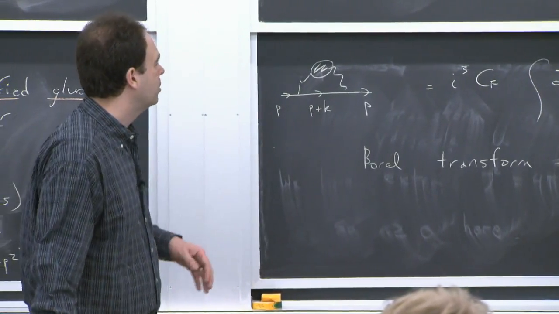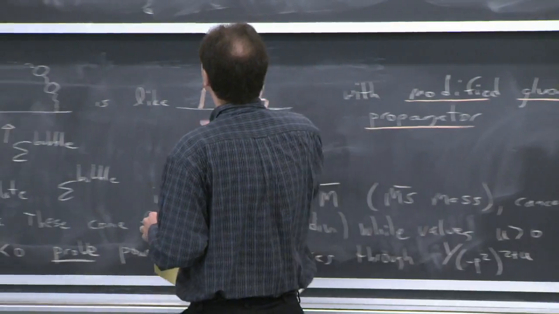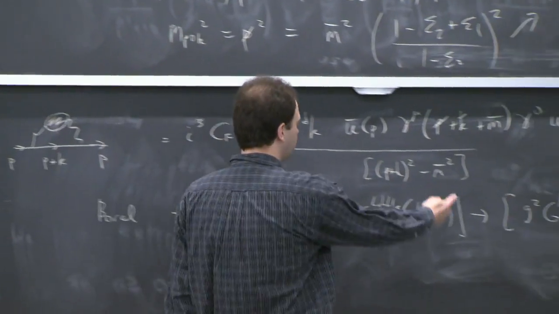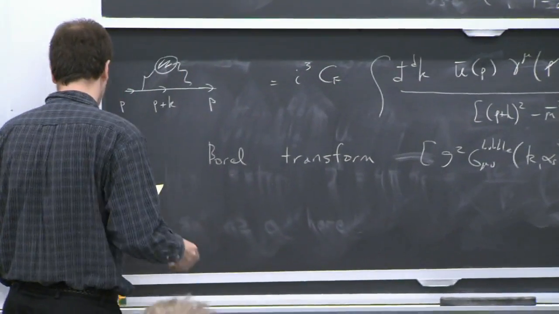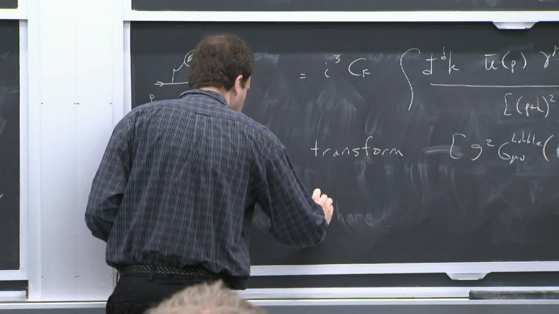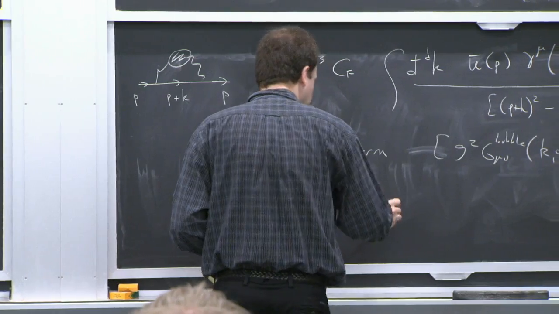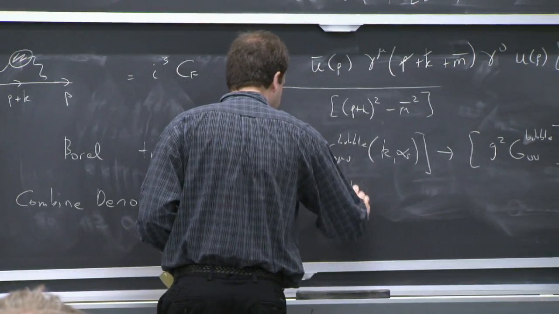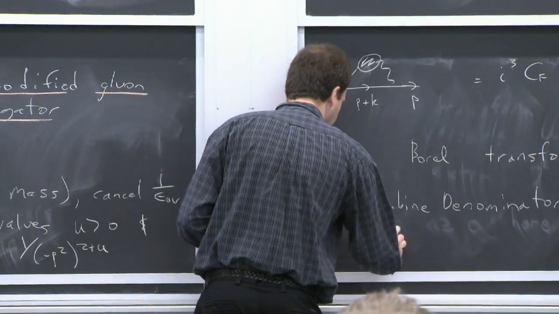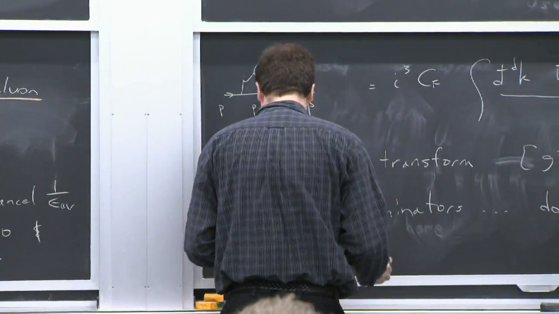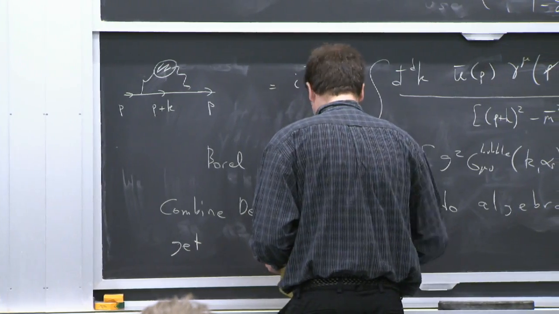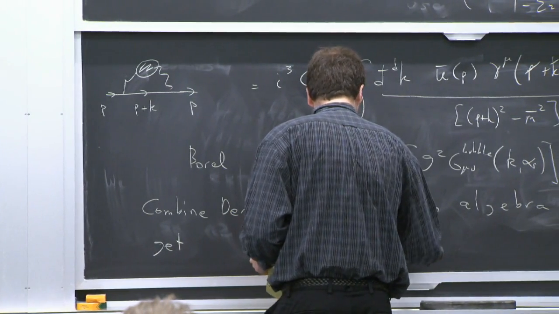Okay, so combine, stick in the expression that we had over here for this guy, and it's just some p squared to a power, so it becomes a k squared to a power. So you have k squared to a power, you have this guy to a power, use the usual tricks, combine denominators. Do algebra. And you get some expression for sigma 1 in Borel space.